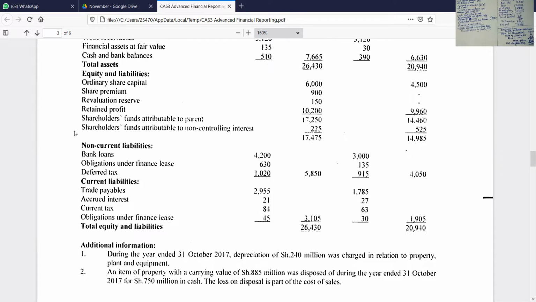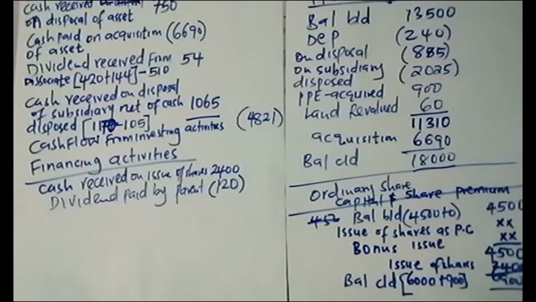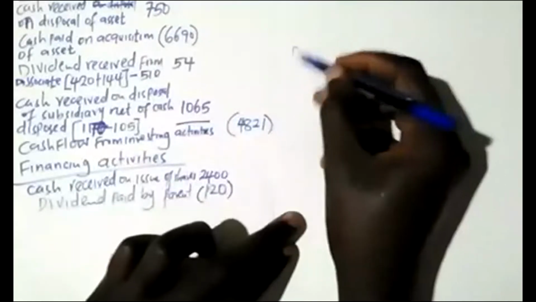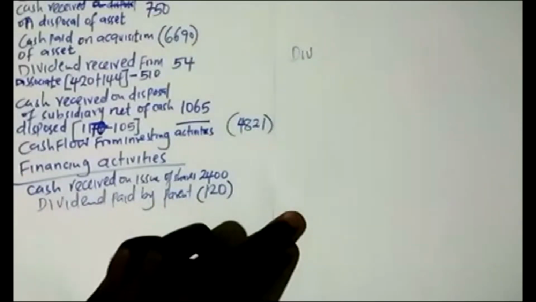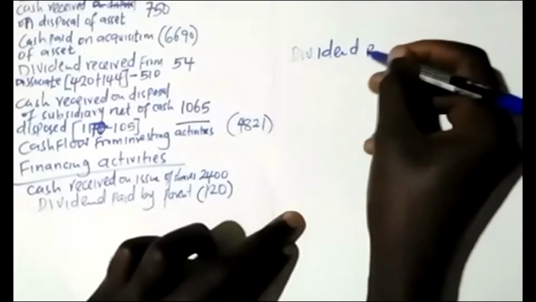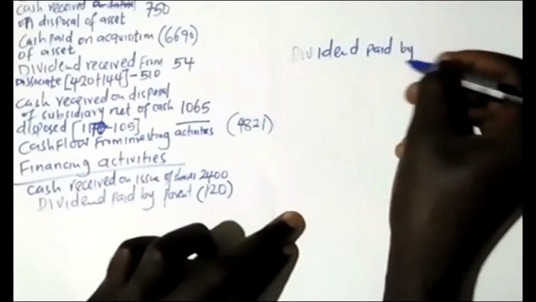For that one, we have to determine the dividends paid out of it. So we talk about dividends paid by NCI.